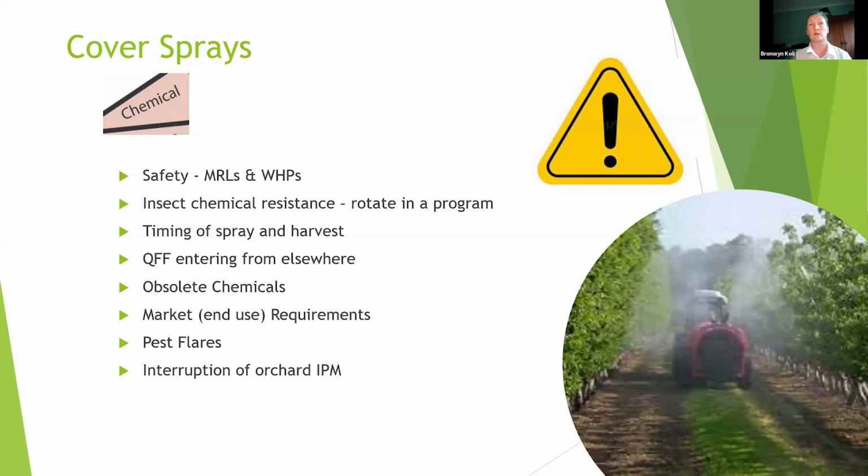And withholding periods means that you can't apply a chemical within a certain amount of time of you going into that crop or harvesting that fruit. So chemicals can be used safely if they respect the residue limits and the withholding periods. But ideally, if we don't have to go there, we won't.